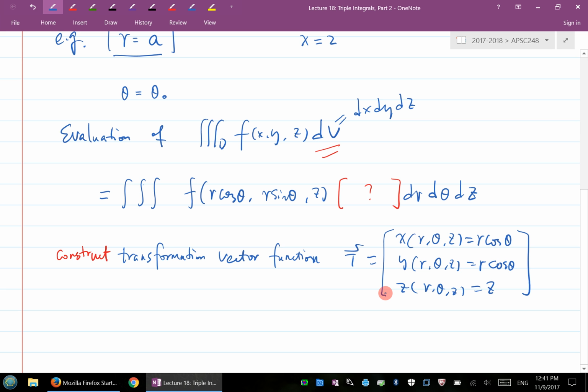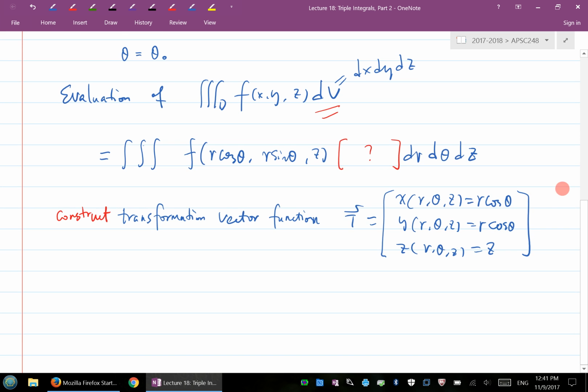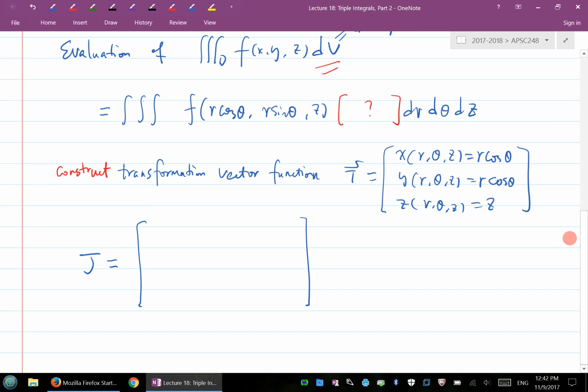Then you can use this transformation vector function to construct your Jacobian. Because this is a 3×1 vector, you can construct the Jacobian, which is partial x over partial r, partial x over partial theta, partial x over partial z.